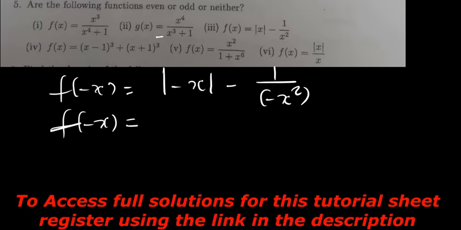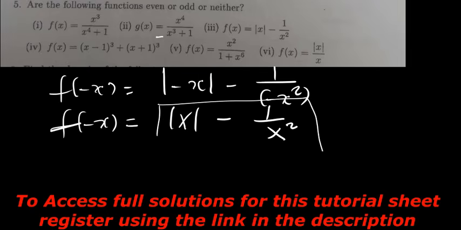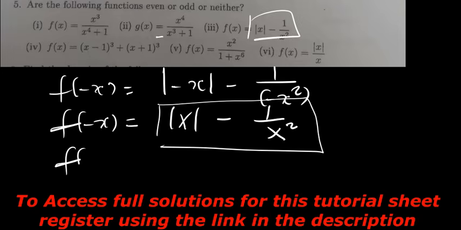So that will still be negative. This negative will go because it's a modulus. So negative x squared is x squared. This is exactly as the original function. What is our conclusion? F of negative x is equal to f of x. Therefore, the function is even.